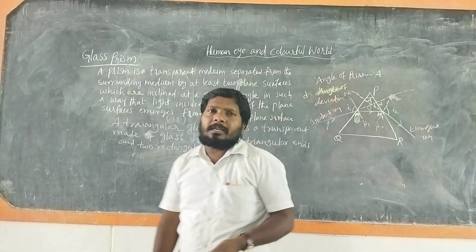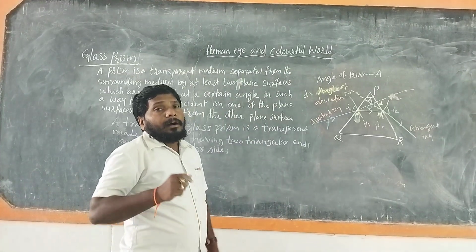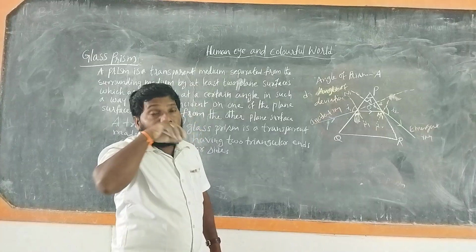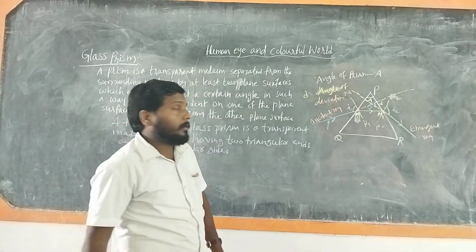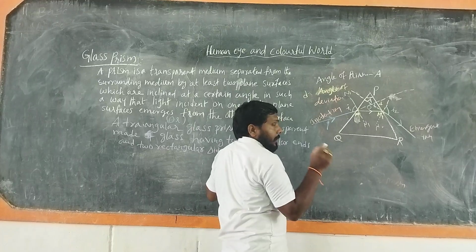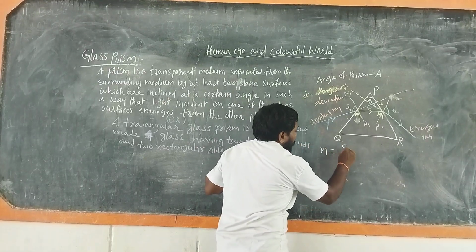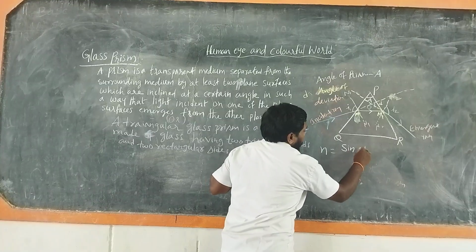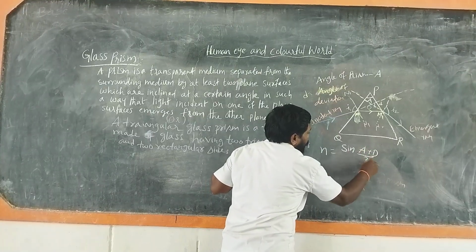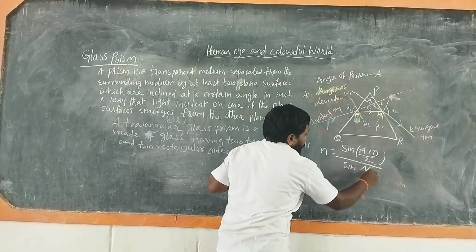By doing some experiments, we can calculate the refractive index of the prism. The refractive index of the glass prism is n equal to sin of (A plus B) by 2, divided by sin of A by 2.